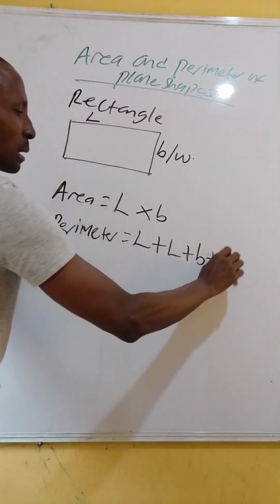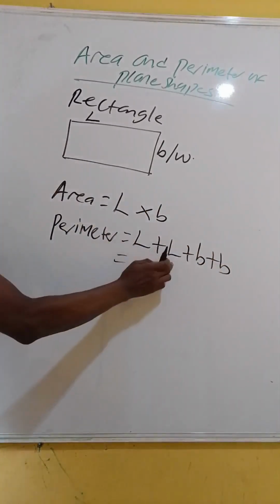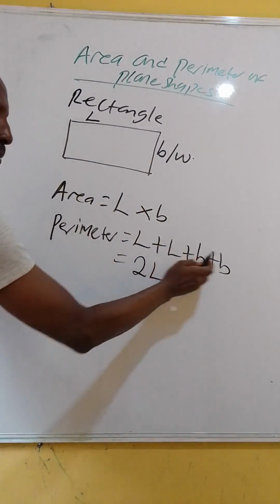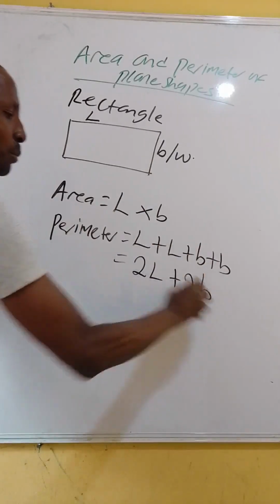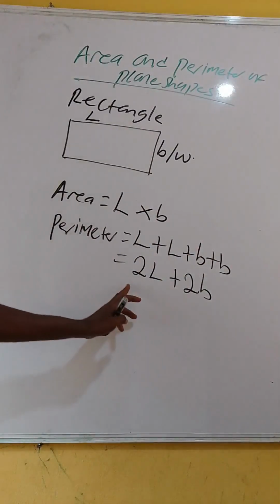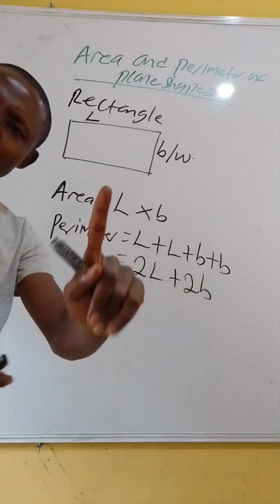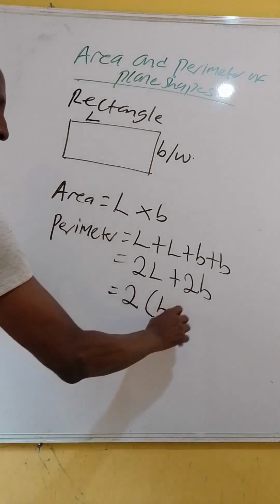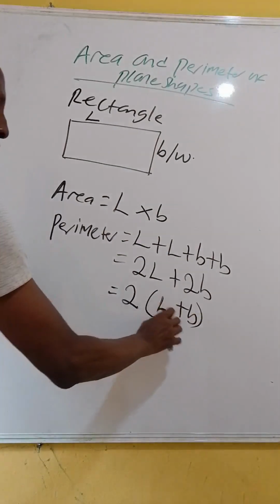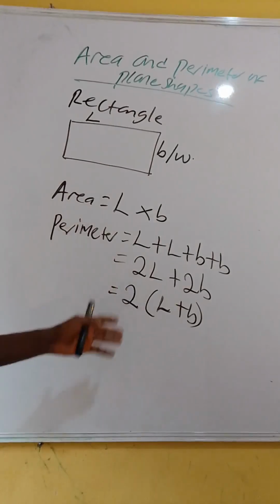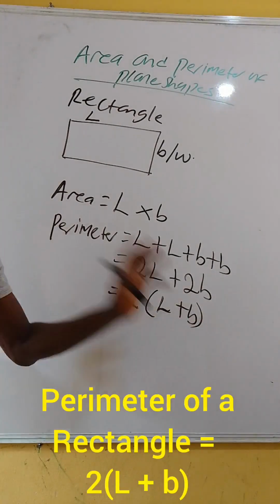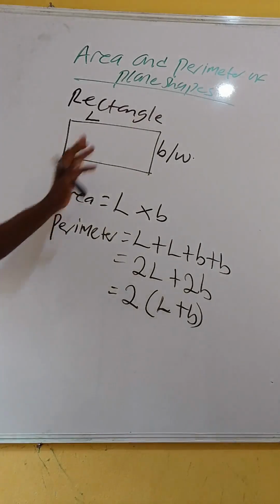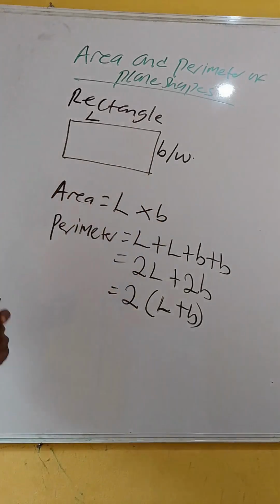Length plus length means two lengths, and breadth plus breadth means two breadths. Now 2 is common to both of them, so bring out the 2, then you have the length plus the breadth. So to find the perimeter of a rectangle, add the length and the breadth together and multiply by 2. To find the area, you multiply the length and the breadth.